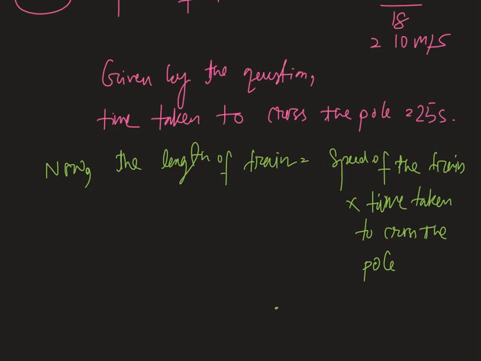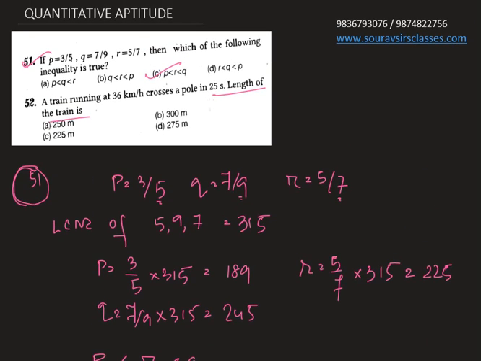Now the speed of the train is 10 meters per second, and the time taken to cross the pole is 25 seconds. So if we multiply this, then we get 250. Therefore the length of the train is 250 meters. Hence option A is the correct answer.